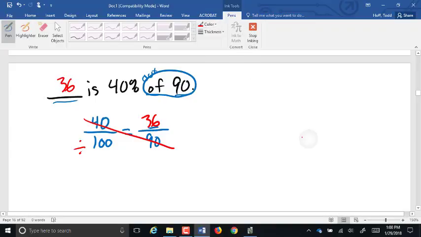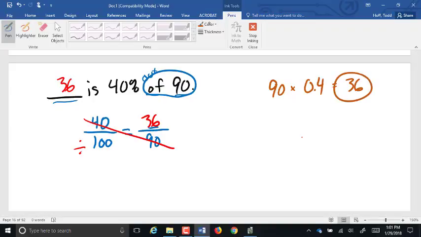So 36 is 40% of 90. If you were doing that rate method, you would convert the percent to a rate, which is 0.4. 90 times 0.4 is 36. So you get the same answer. It's actually a little bit quicker that way. But we can run into problems like this.